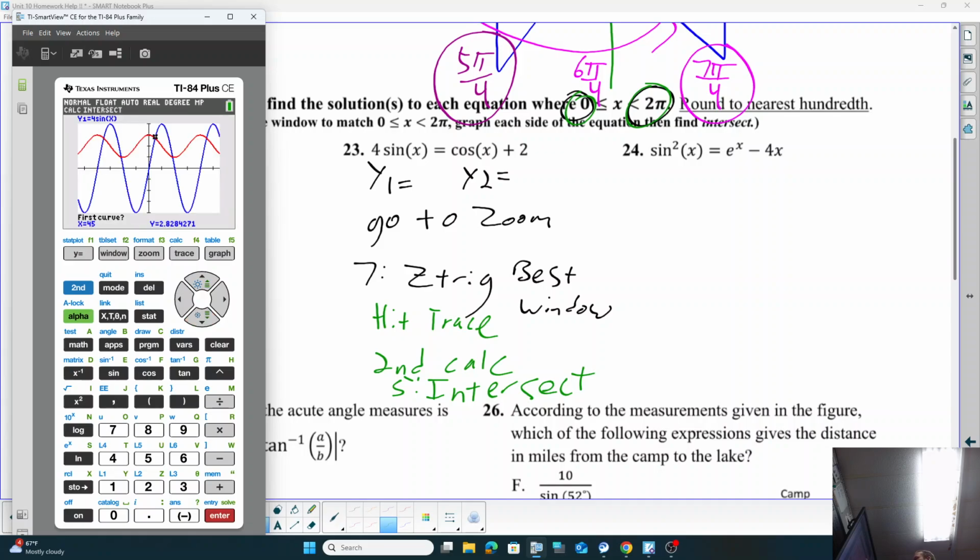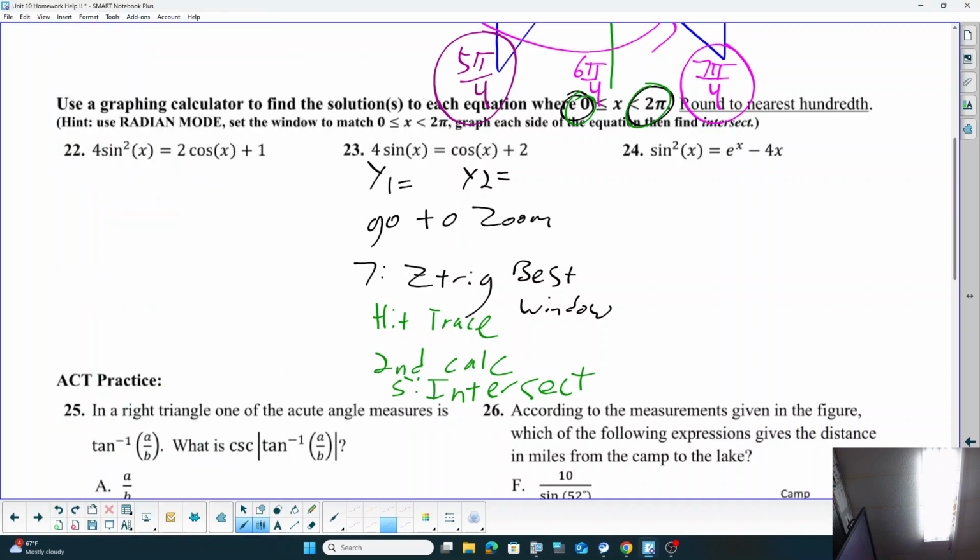Then it says first curve, so we hit enter. Then first curve enter, second curve enter, and then guess. Yep, just hit enter.